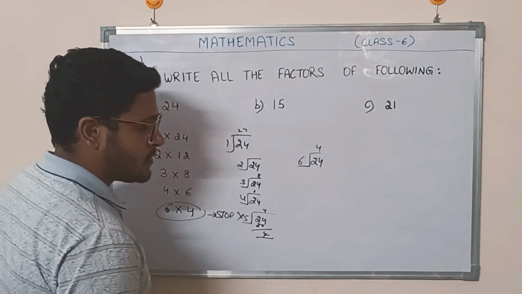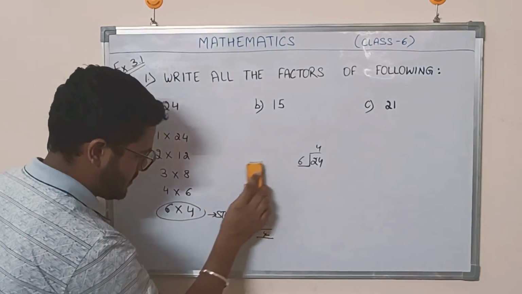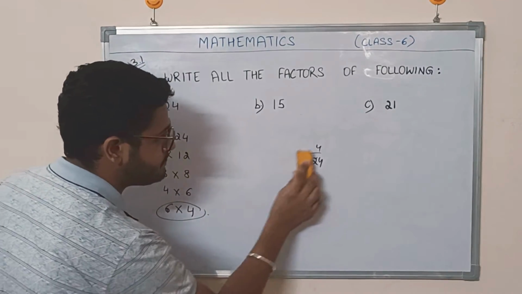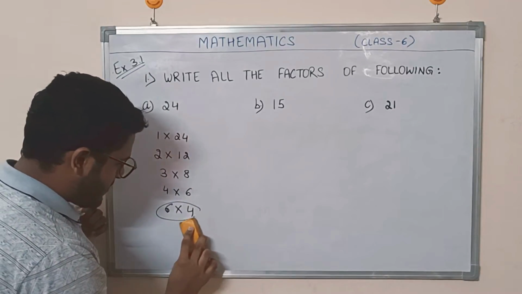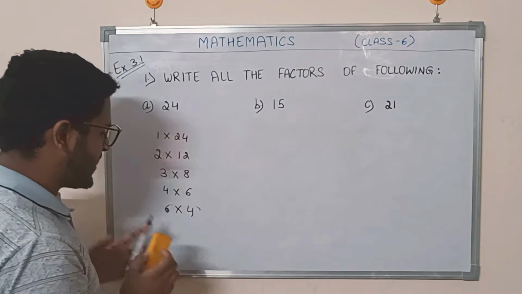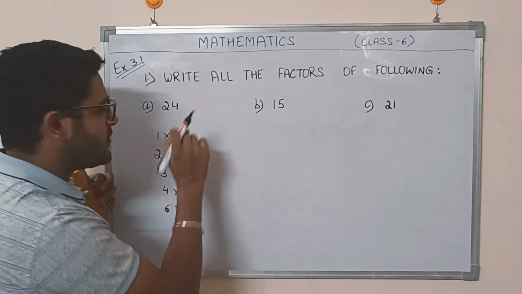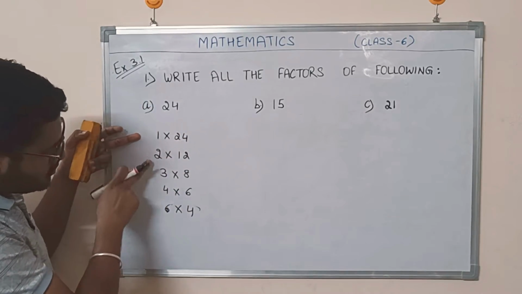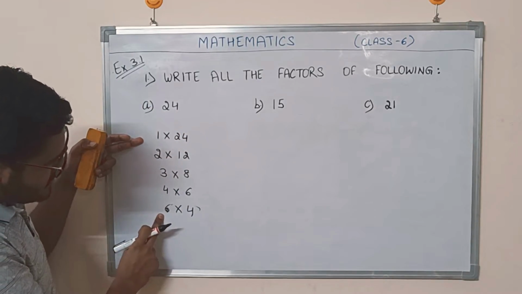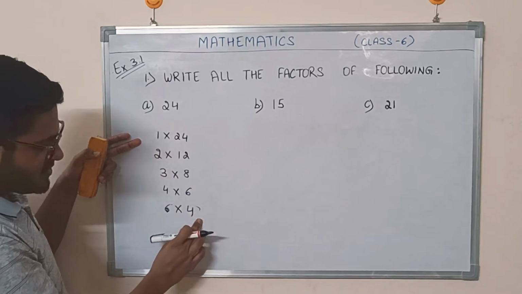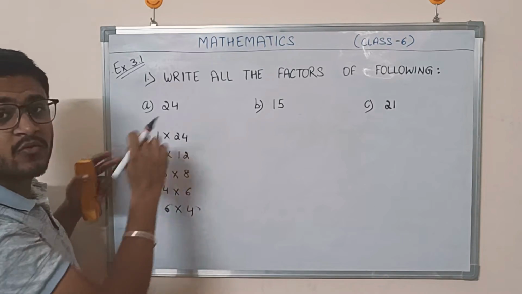Okay. Let me erase this. Now we have all our factors. Now let's write them. So the factors of 24 are 1, 2, 3, 4, 6, right? And 4 is done, 6 is done, 8, 12 and 24.